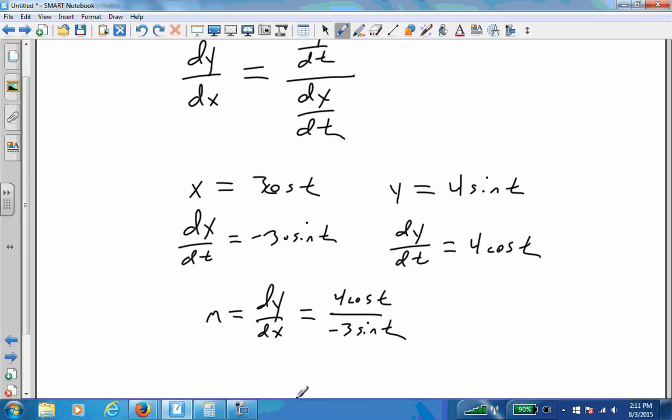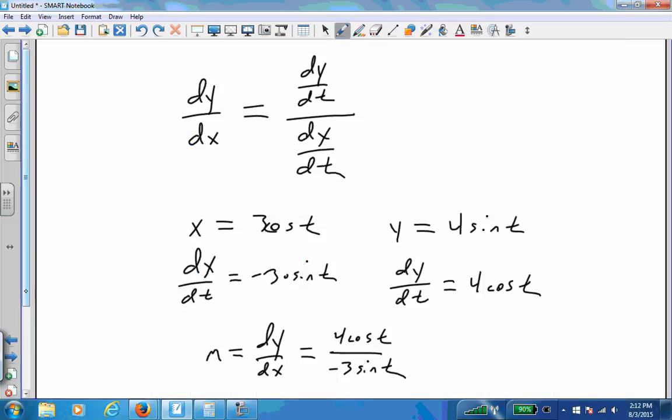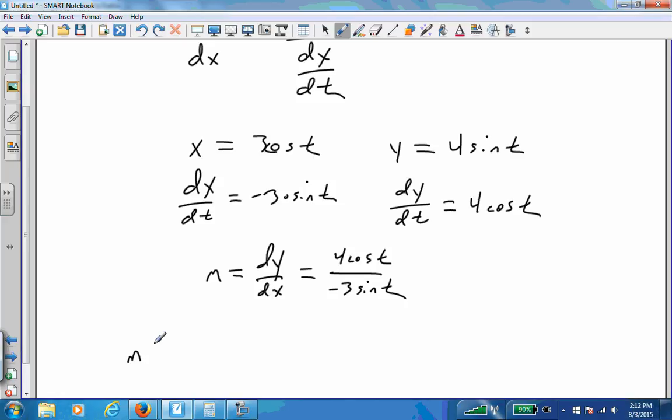So let's see if that generates the correct slope. If we look here, our t turned out to be pi over 2. So let's find our slope at pi over 2.